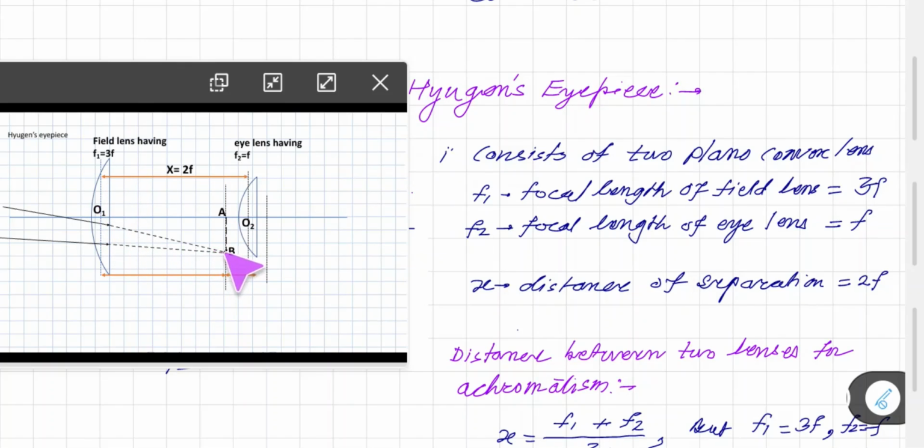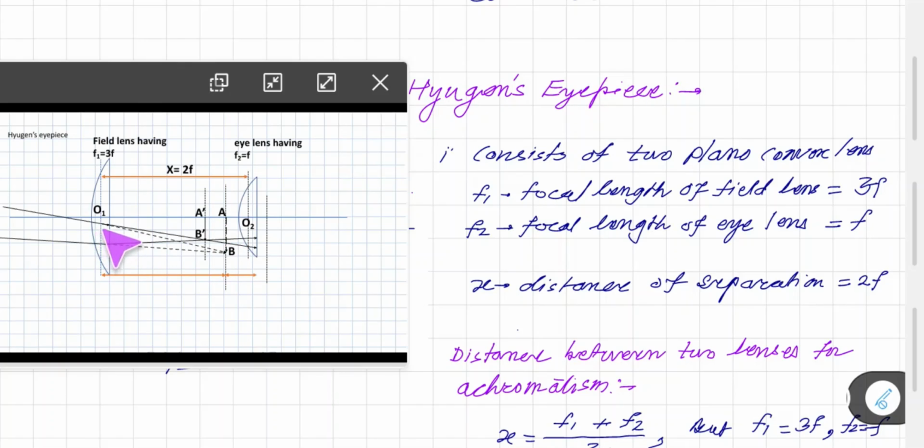Now as the field lens is there, instead of the rays traveling here, these are virtual rays, and they refract at these points and intersect here, where the image of object AB is formed, and that image is A dash B dash. So here A dash B dash is the image formed by the field lens.